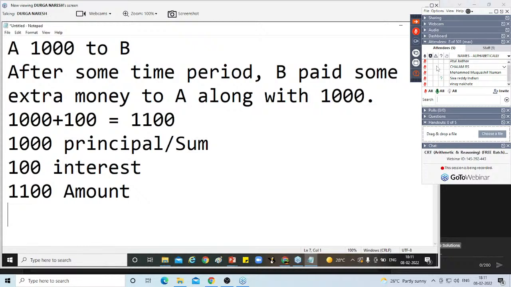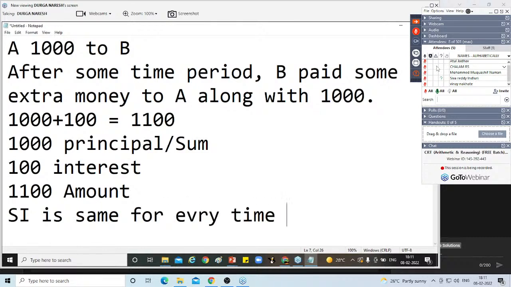That may be simple or compound interest. Here the amount of simple interest is same for every time period.